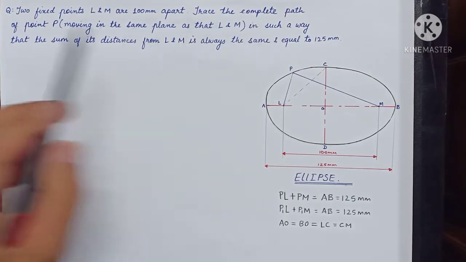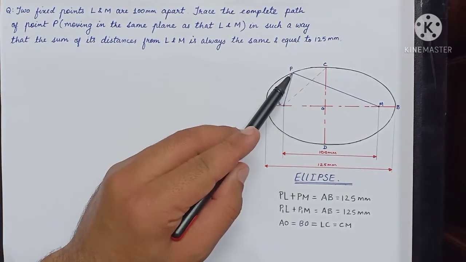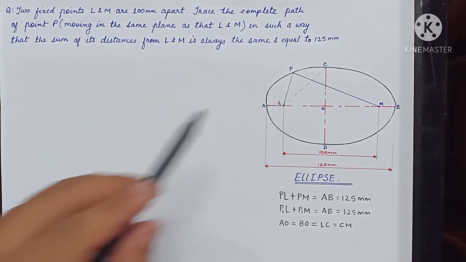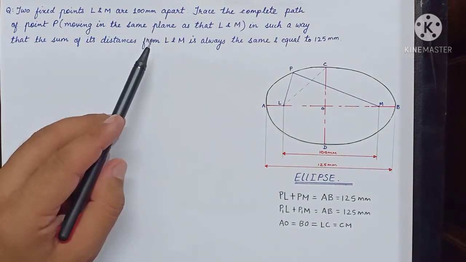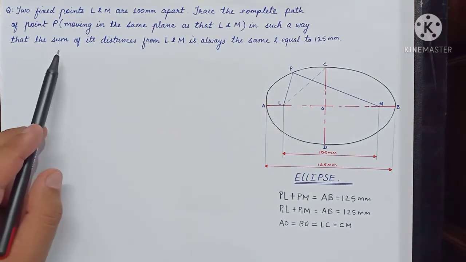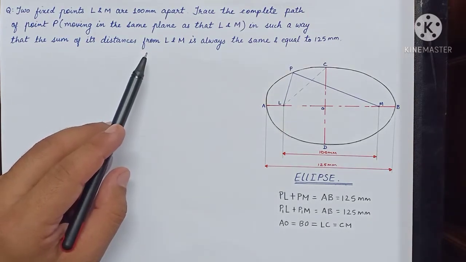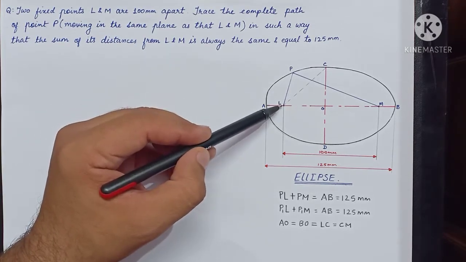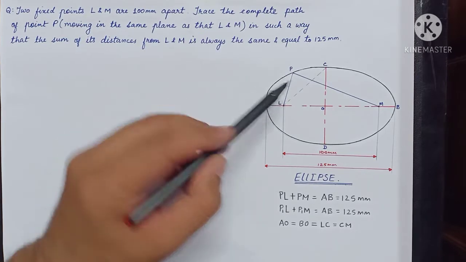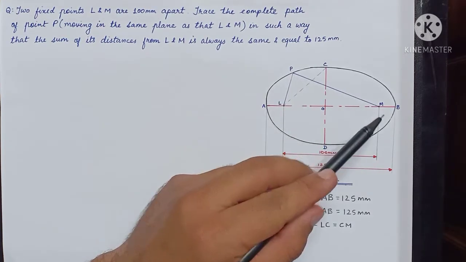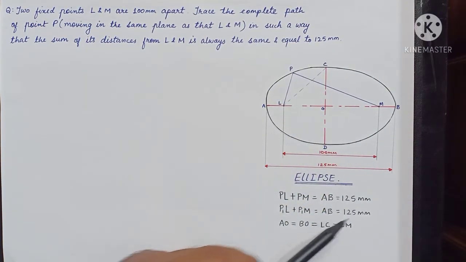Trace the complete path of point P which is on the ellipse moving in the same plane as that of L and M, such a way that the sum of the distance from L and M is always equal to 125 mm, which says if we add PL and PM, that should be equal to 125 mm.